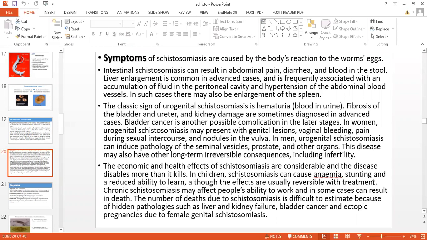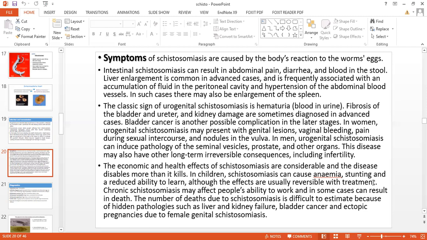In women, urogenital schistosomiasis may present with genital lesions, vaginal bleeding, pain during sexual intercourse, and nodules in the vulva, while in men, it can induce pathology of the seminal vesicles, prostate, and other organs. This disease may also have long-term irreversible consequences, including infertility.